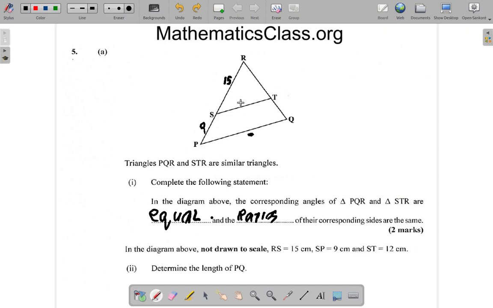ST is 12. ST is 12. They want PQ, from P to Q. That's what they want. Right? This length. Want the length from P to Q. Good.